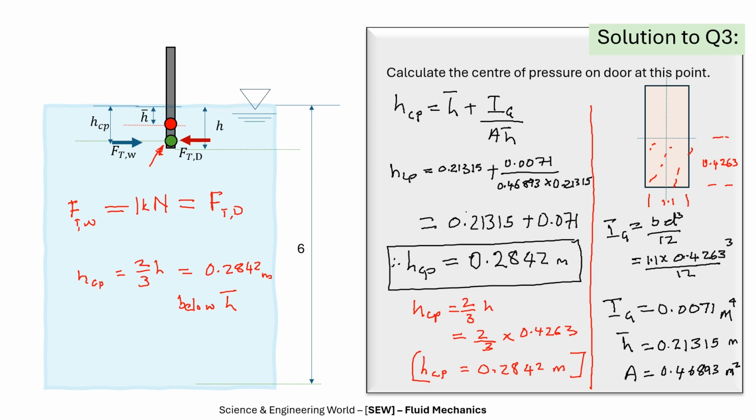So we can now say it is most likely the driver is able to escape here when the water level H is 0.4263 meters from the bottom of the door up.